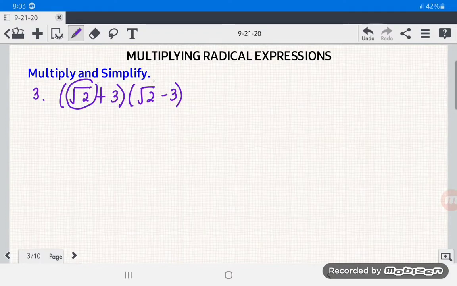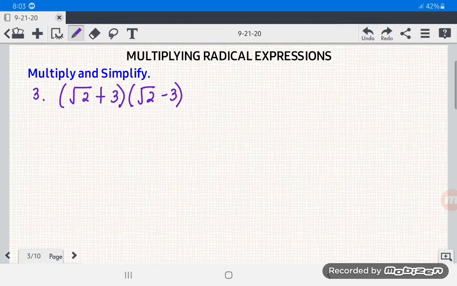For the second binomial, the first term is also square root of 2, so they are the same. For the first binomial, the second term is 3, and for the second binomial, the second term is 3 also. So they are the same, only that for the first binomial the operation is plus, and for the second binomial we have minus, or subtraction.